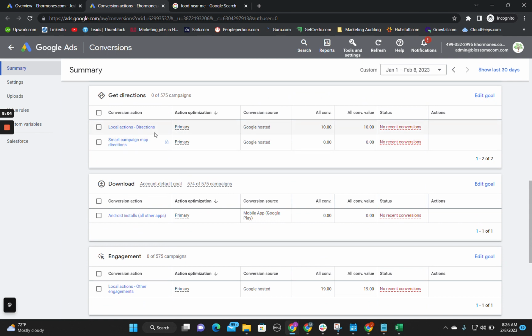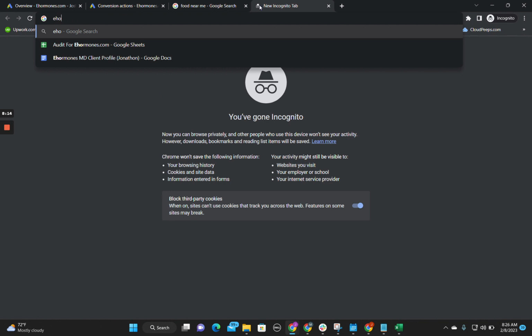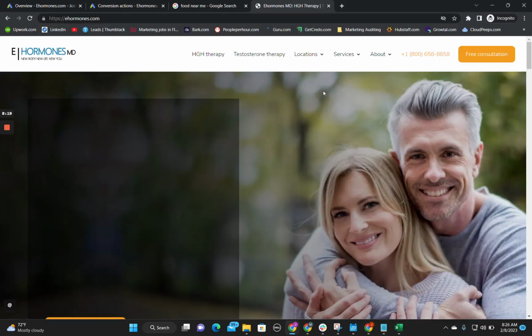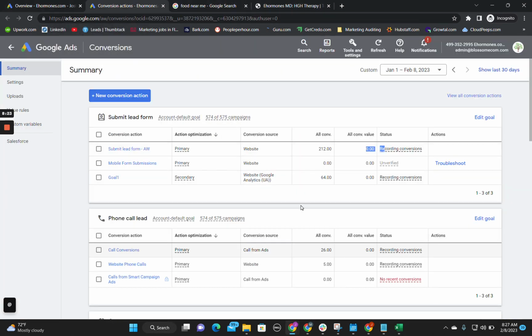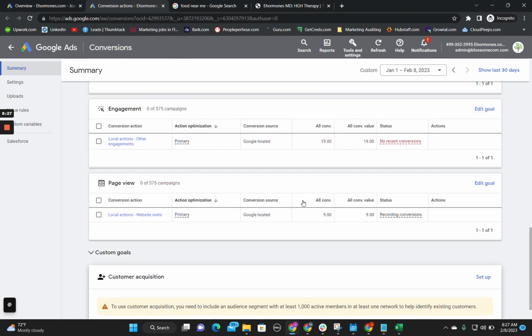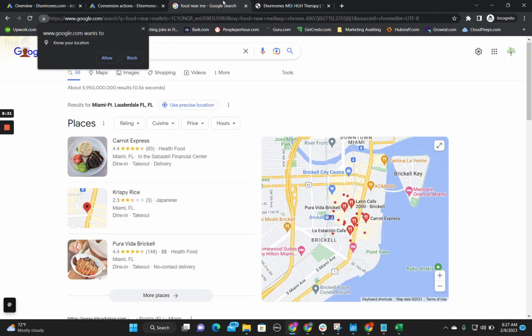Get directions. Well, why is get directions important? Why is get directions worth a 1 and this is worth a 0? Let's also check out their site really quick, ehorns.com. So whenever you see get directions like this, where were we again? Get directions. This means that someone on their mobile phone maybe Googled food near me, and on your phone it looks different.